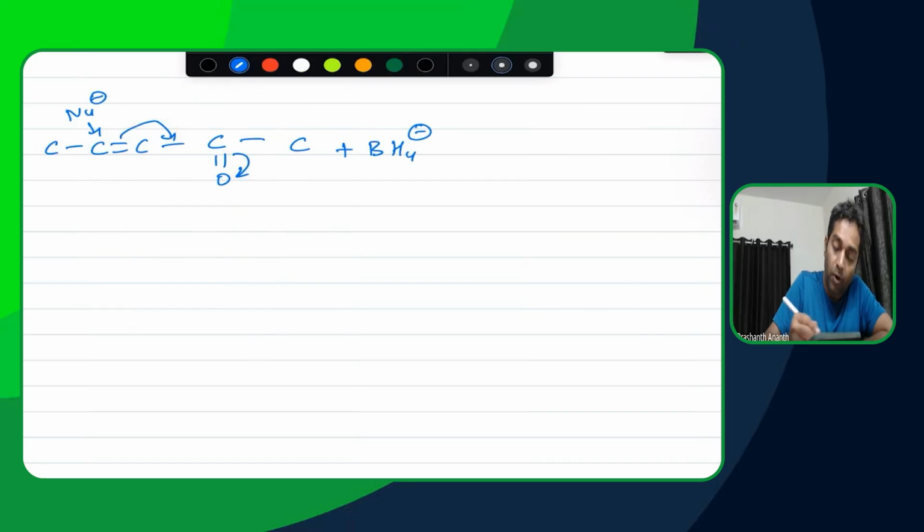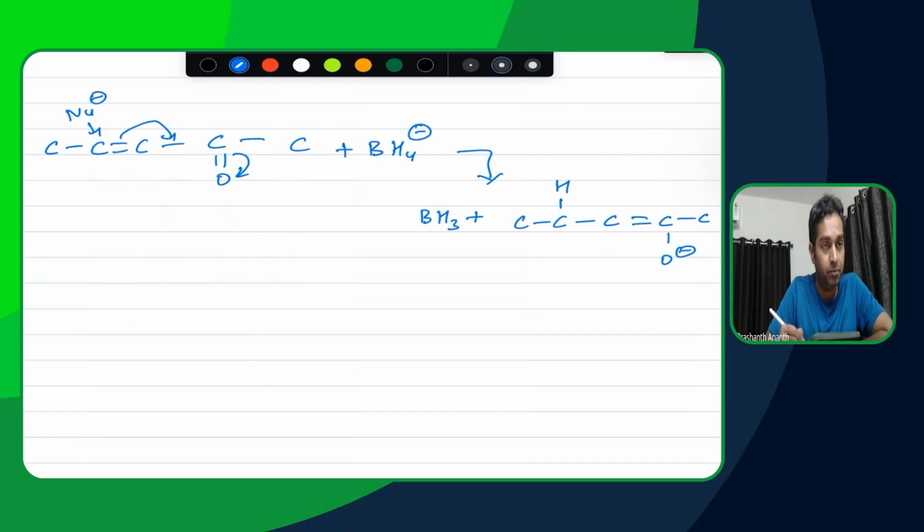So I'll be getting the product obtained now as BH3 is kicked out, of course. So I'll be having carbon, carbon, a hydrogen here, a carbon here, double bond here, a carbon here, and an O minus here. This will then end up neutralizing itself. We add H3O plus now. This is the product.